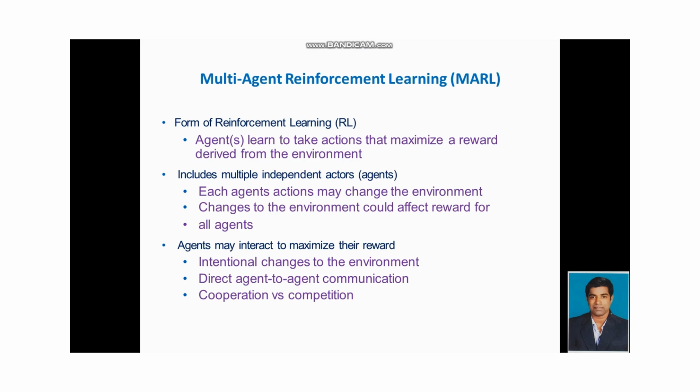With multiple independent actors or agents, each agent's action may change the environment, and changes to the environment could affect the reward for all agents. Agents may interact to maximize the reward: intentional changes to the environment, direct agent to agent communication, cooperation versus competition.